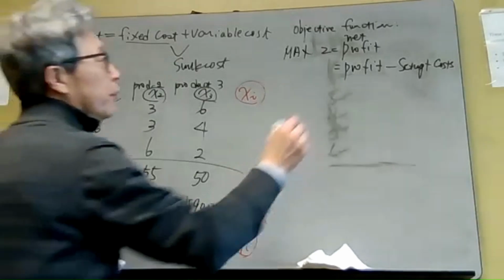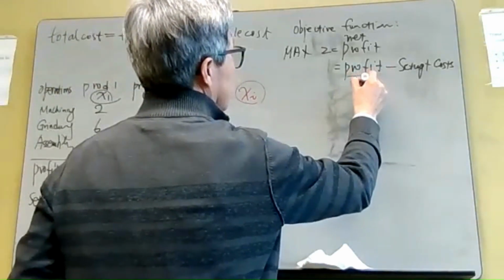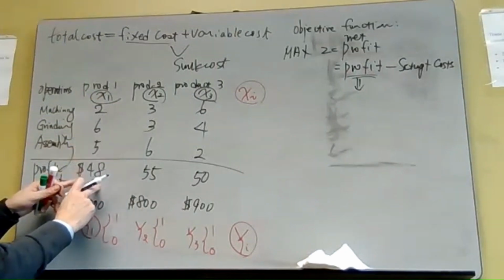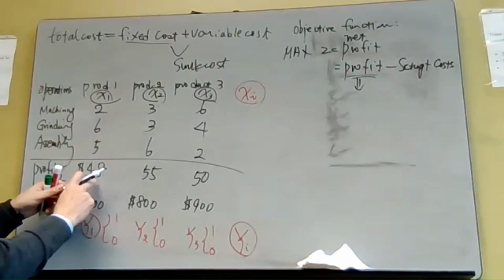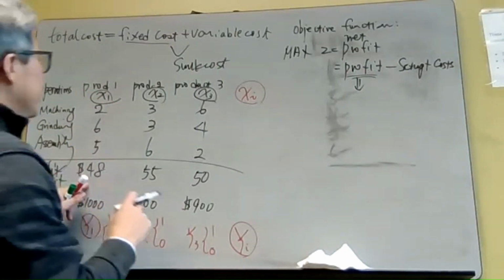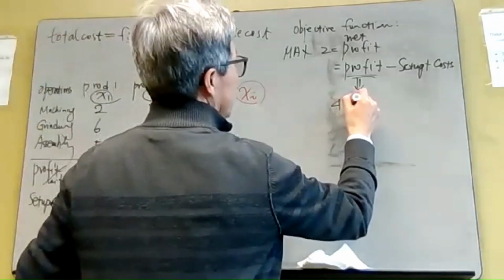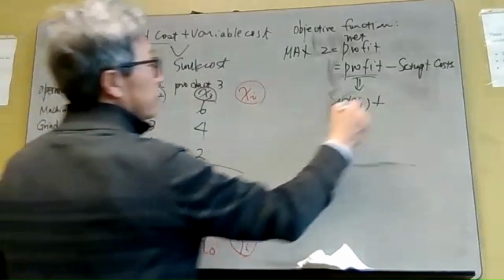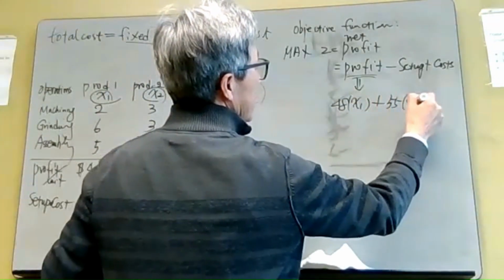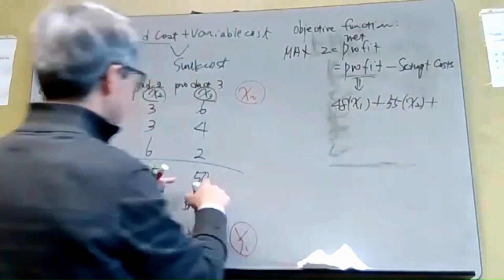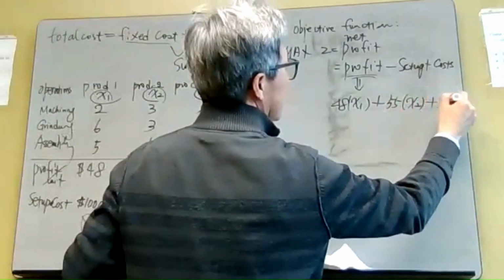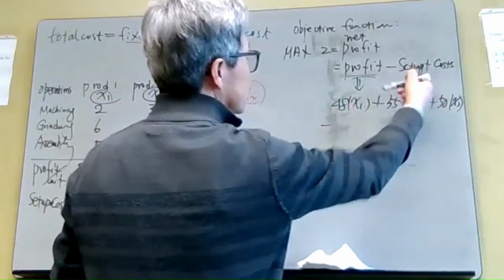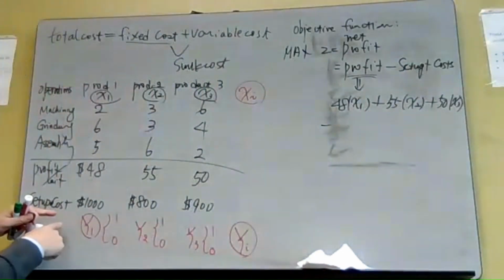So what is the formula for profit? If we produce x1, then you will be able to sell product by 48. So 48 x1 plus 55 x2 plus 50 x3. Now, what is the total setup cost?